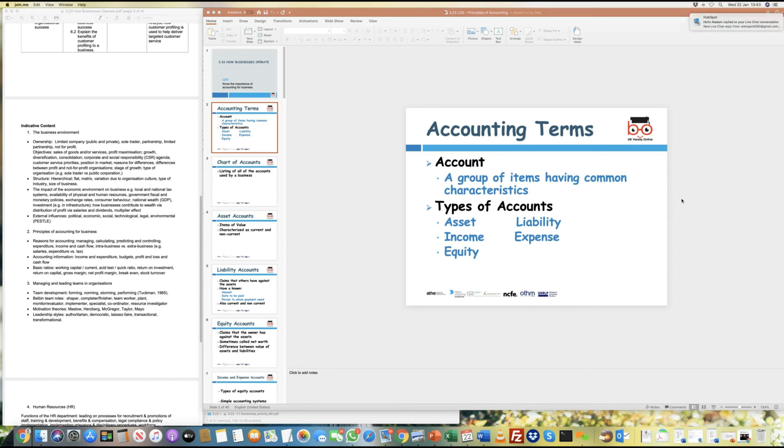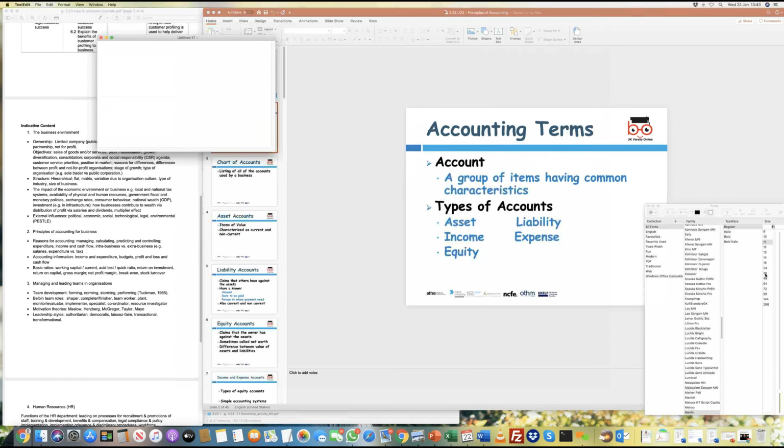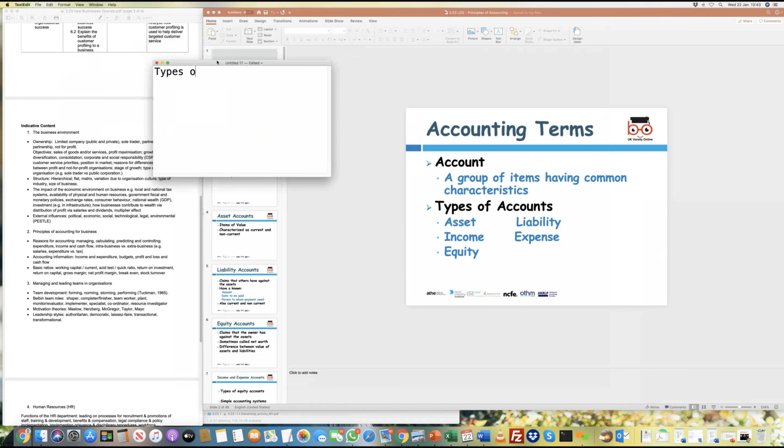But generally, when we talk about different types of statements in terms of accounts, let me just quickly open this up and type it down. So when we talk about the different types of statements, what kind of statements have we heard about? We've heard about the balance sheet. We've heard about the profit and loss account, correct?